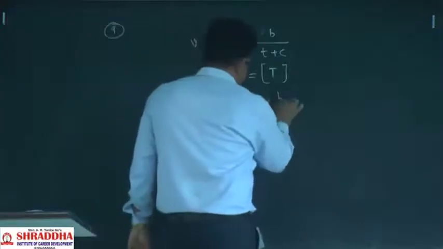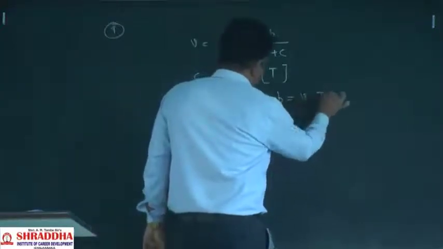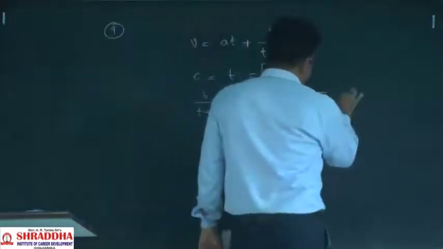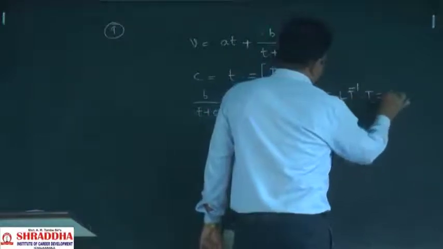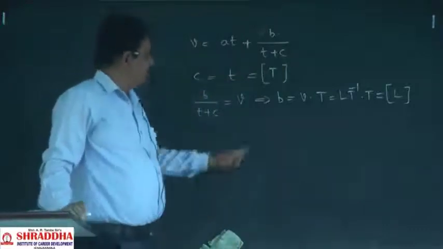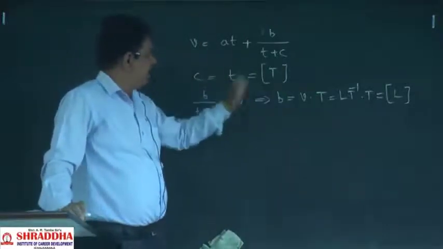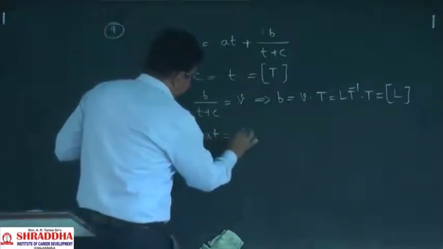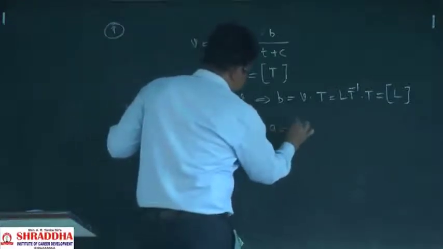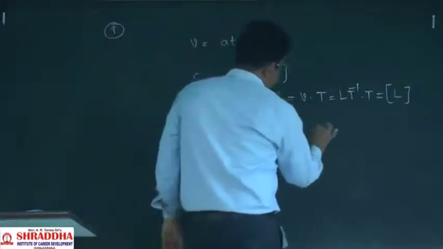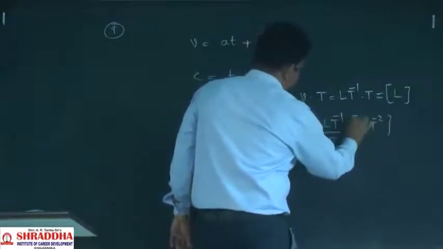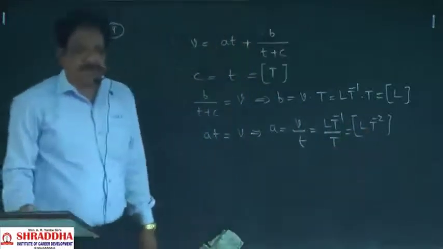B is equal to V into T. V dimensional formula will be how much? L T power minus 1 into T. This value will be L. B dimensions will be L. Then a t is equal to V, so A is equal to V by T. L T power minus 1 by T. So this value is L T power minus 2.